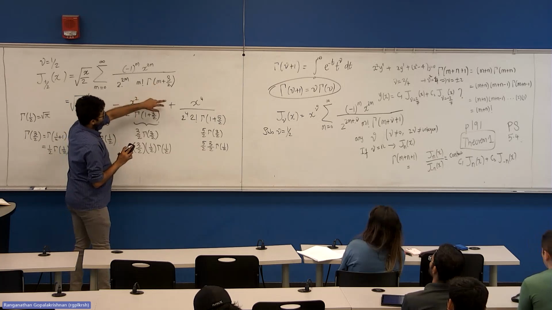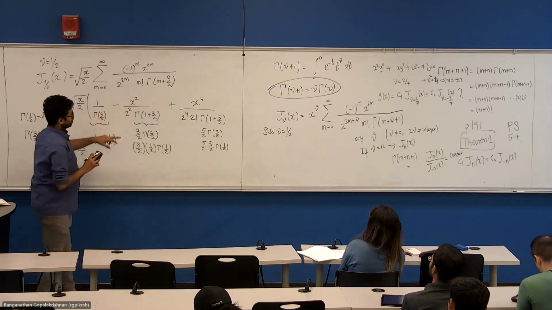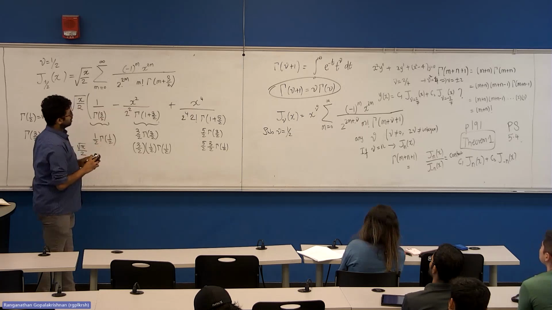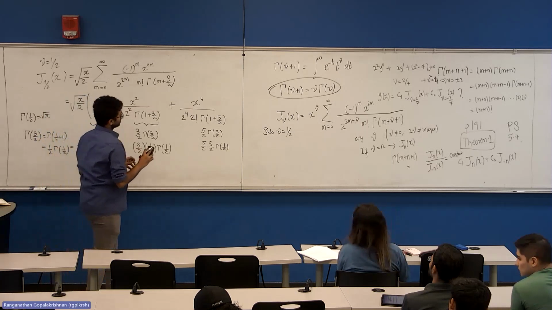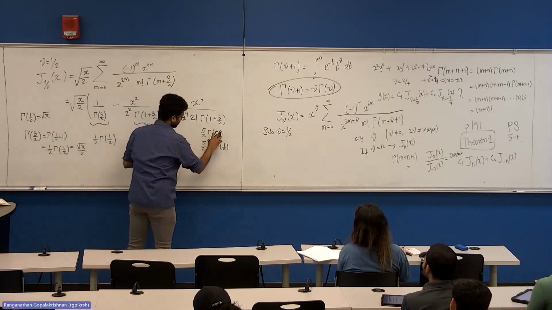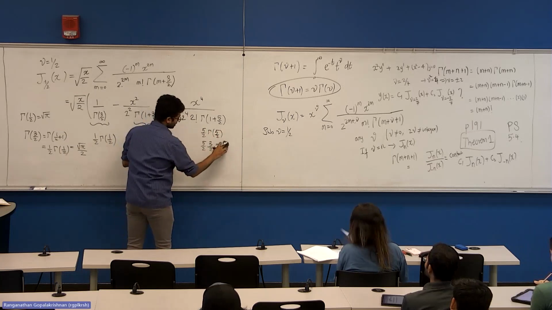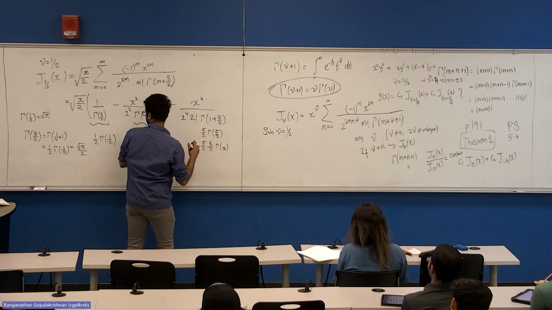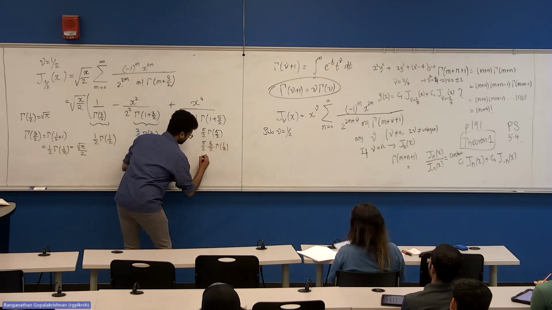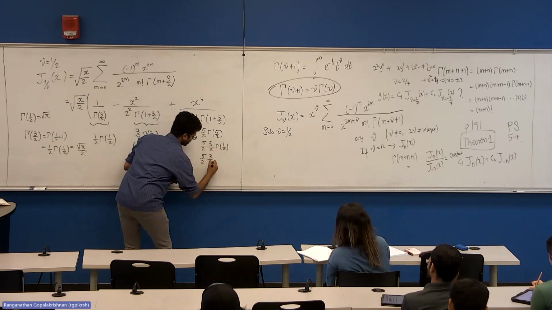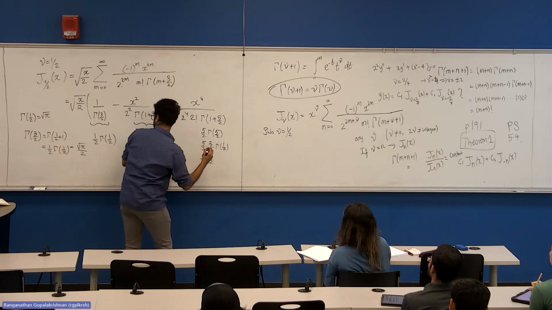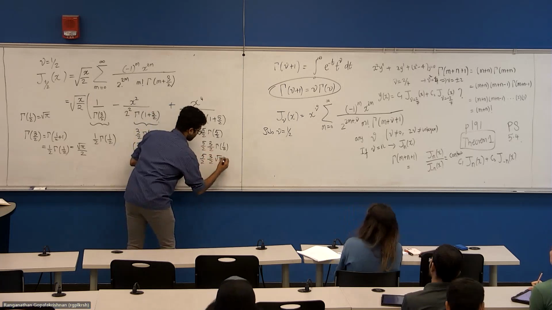So 2 plus 3 by 2, which is 7 by 2, which would be 5 by 2 times 3 by 2 times gamma of half, 5 by 2 times 3 by 2 times square root of pi.